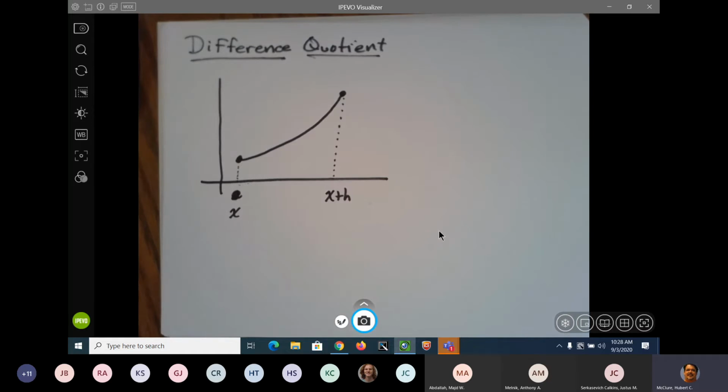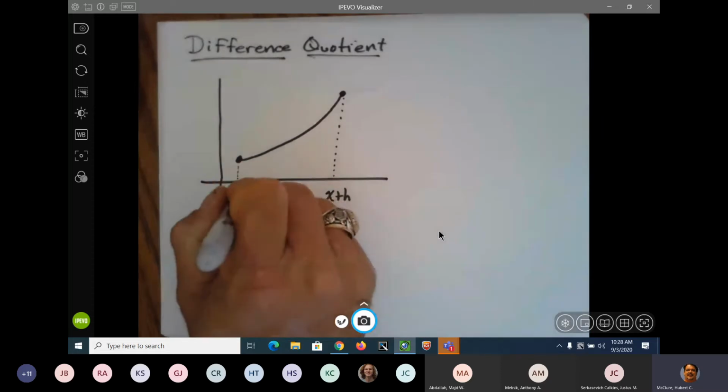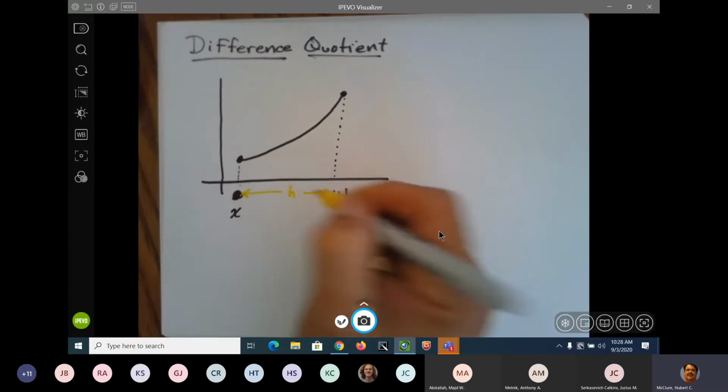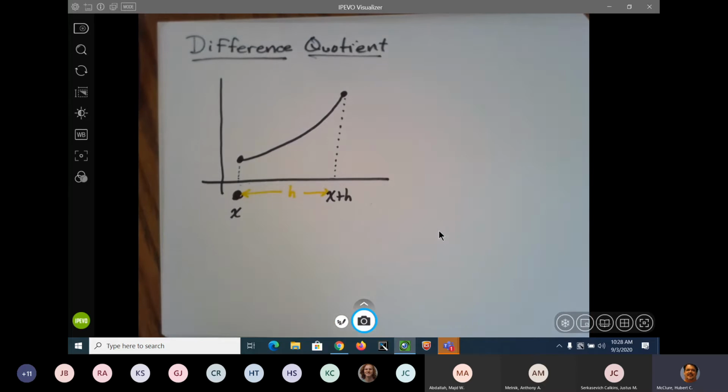Let me get that nasty looking yellow that y'all can see. Okay. The difference between X and X plus H is H. So X plus H is going to be that right there. Everybody with me?